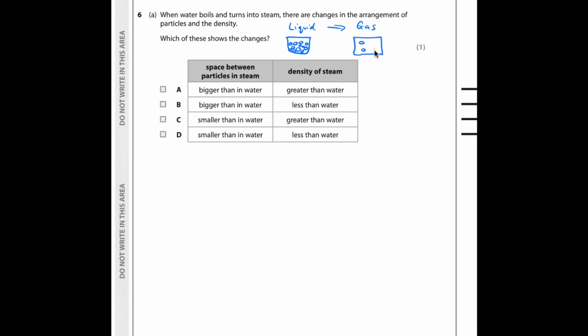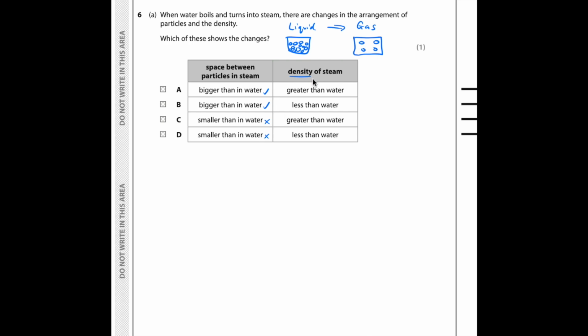In a gas, they're randomly arranged, but they're further apart. So space between the particles in steam, well, the spaces are bigger than in water, so that could be true. That one says bigger than in water, that could be true. Smaller in water, the spaces are not smaller than water, they're bigger, so that's wrong and that's wrong.